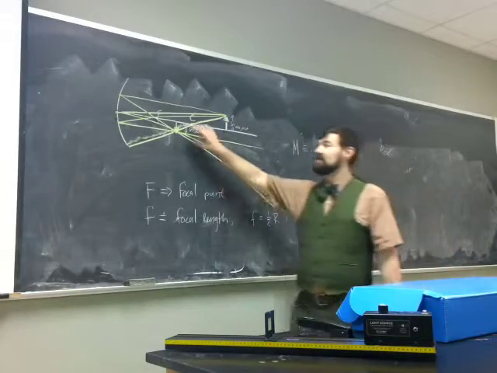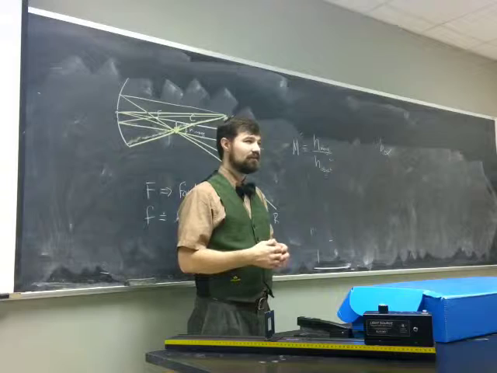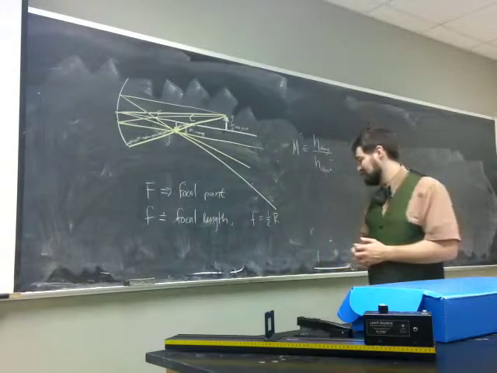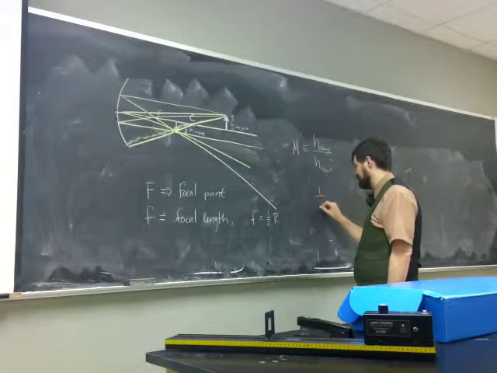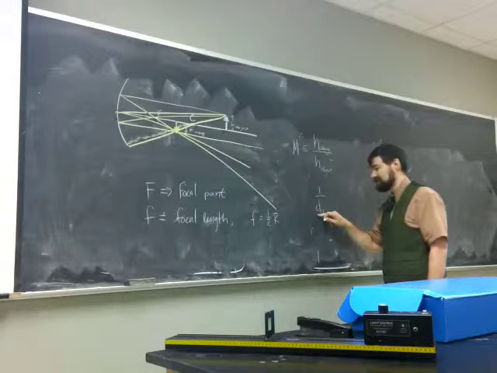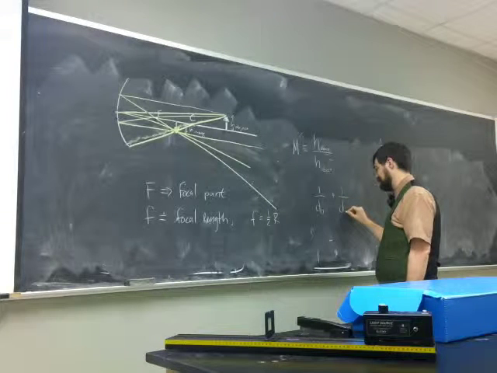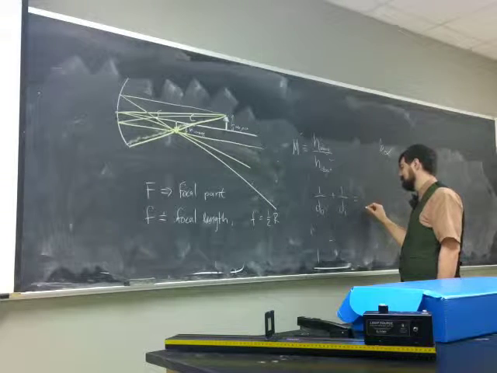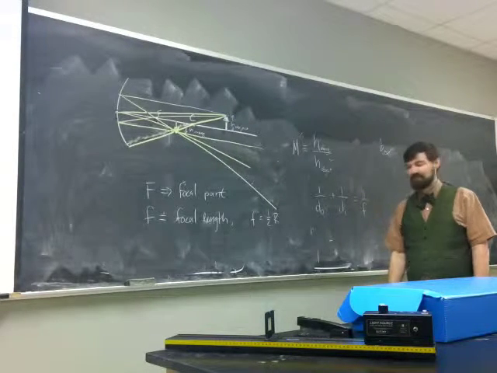Now we can do this from the ray diagram, but there's also an equation that you can use to similarly locate it. The equation looks like this: 1 divided by the distance to the object, I'm going to shorthand it as dO, plus 1 divided by the distance to the image, dI, is equal to 1 divided by the focal length of the mirror.